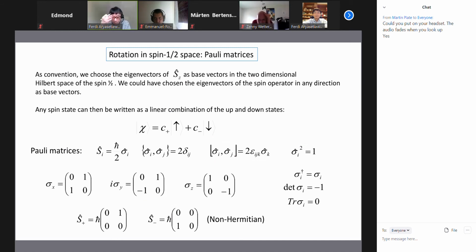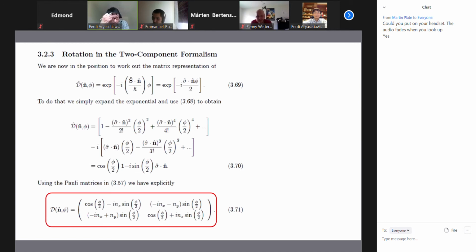Okay, so that's the basic Pauli matrices. Now we can apply the rotation operator in this spin space. So it's a two-dimensional Hilbert space. Then the rotation operator in this spin space is given by, oops, what happened here?